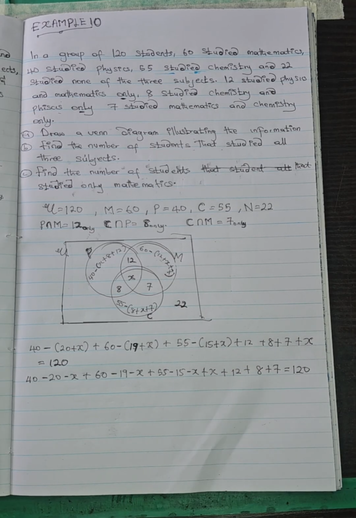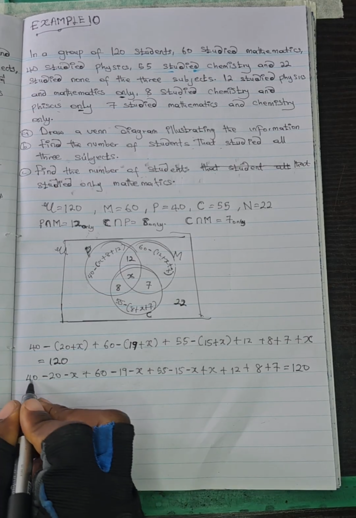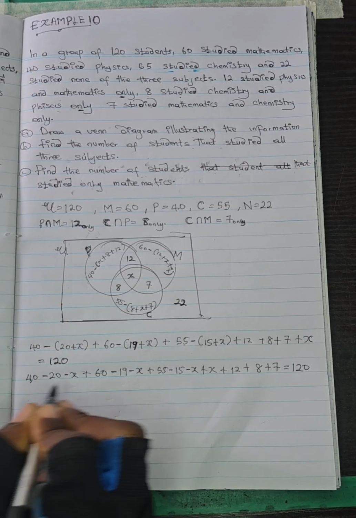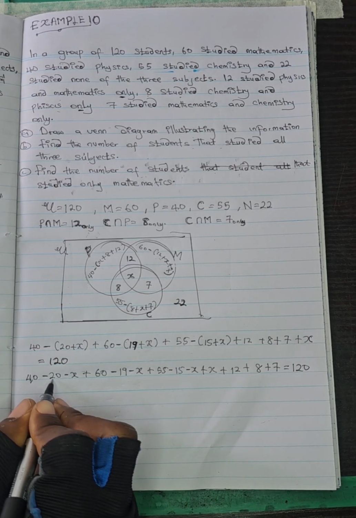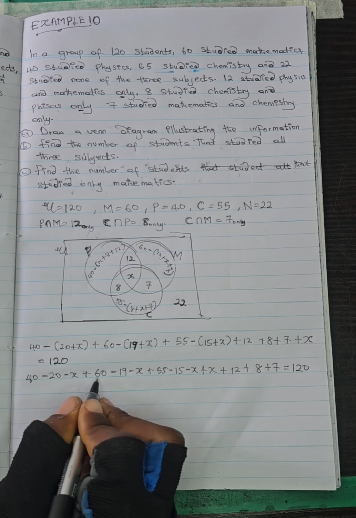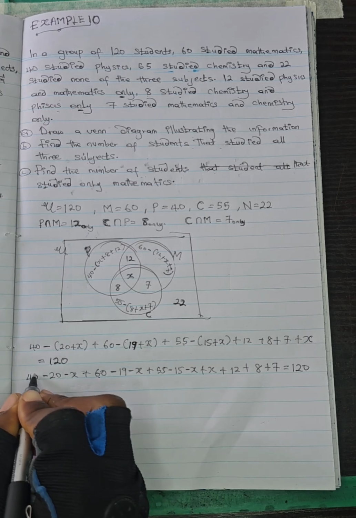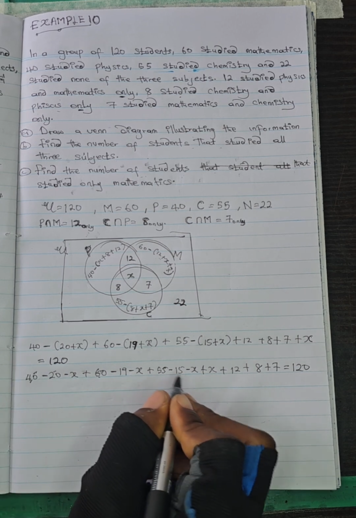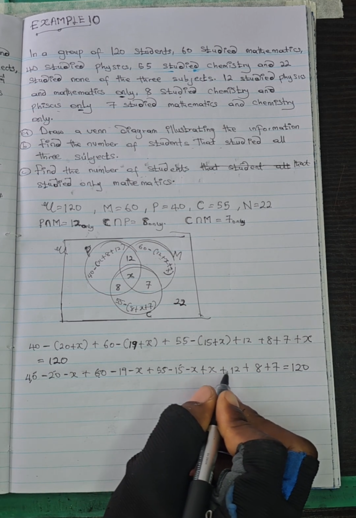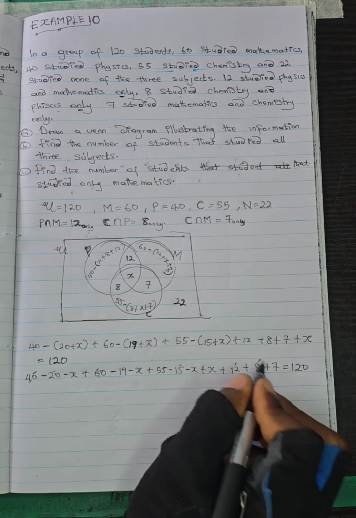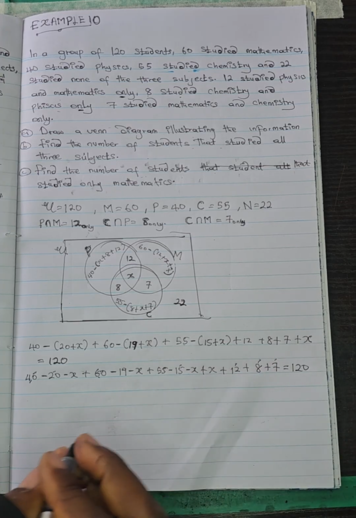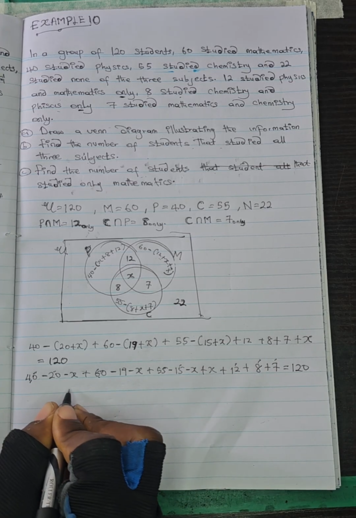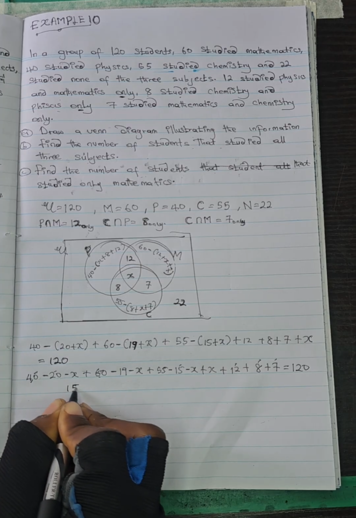120. So let's start taking it one after the other. 40 minus 20 is 20, right? Plus 60. So by the time you sum up this 40 minus 20 plus 60 minus 19 plus 55 minus 15 plus 12 plus 8 plus 7, you are going to get 150.